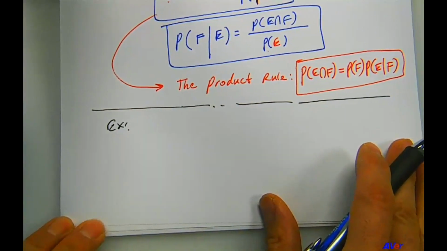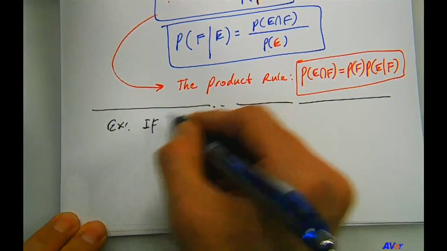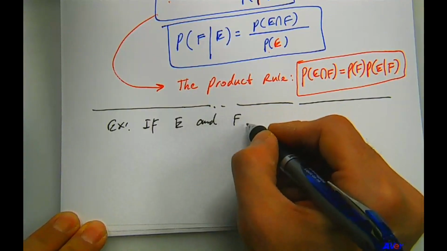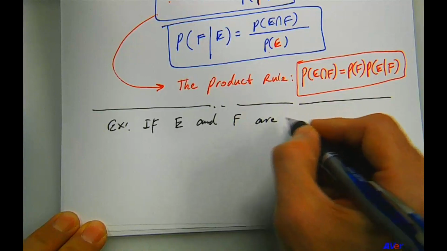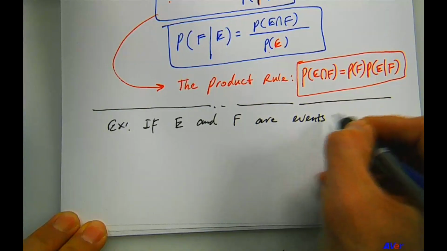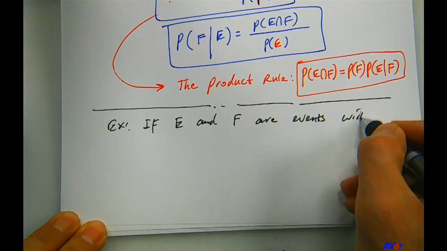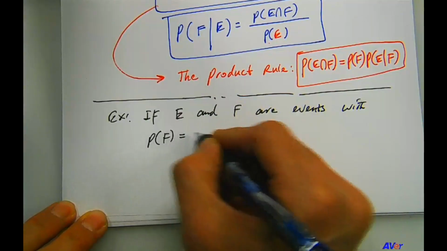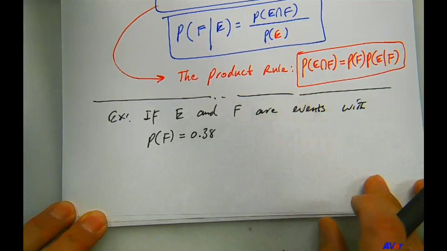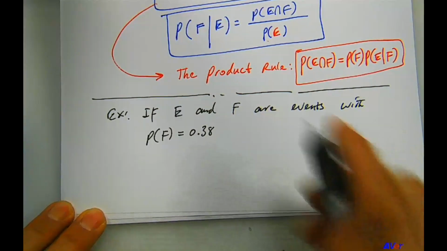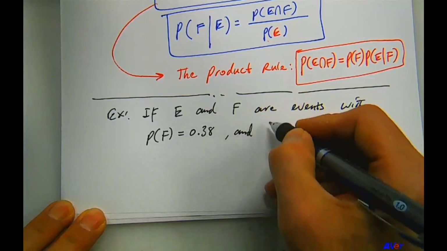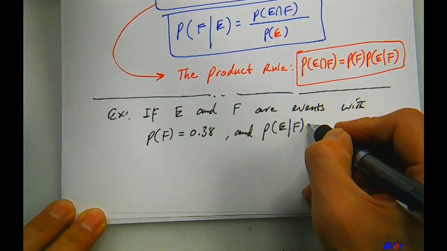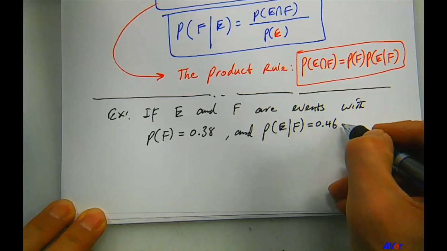Okay, for this example, suppose we have two events. Let's say E and F are events with probability of F equaling 0.38 and probability of E given F equals 0.46.